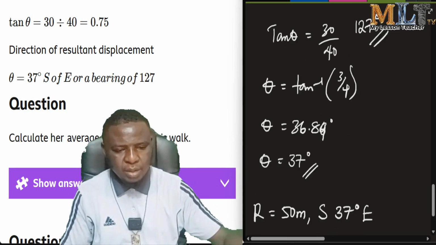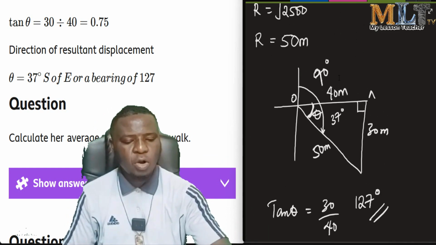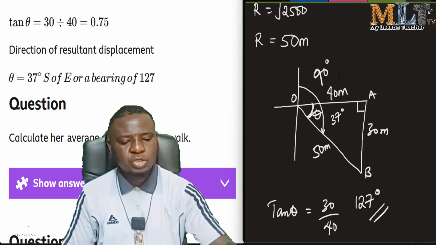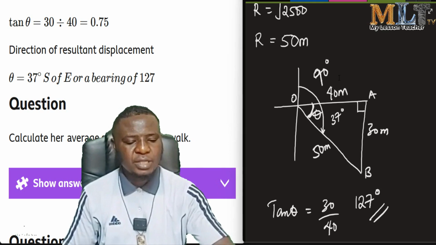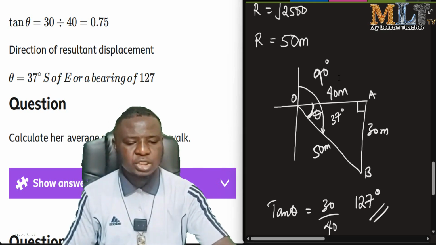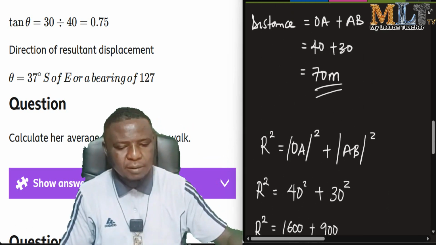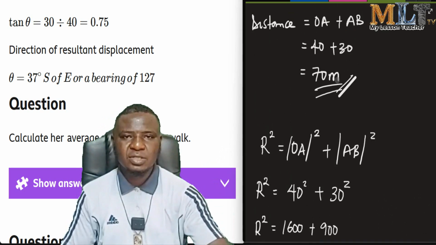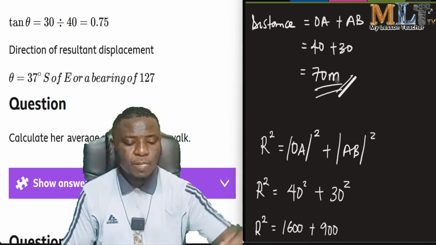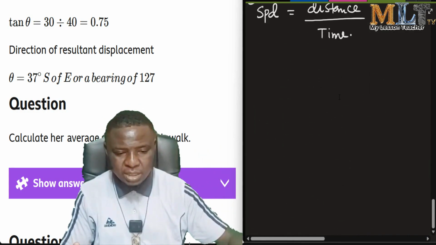If you remember, we are told that she walked 40 meters due east and then 30 meters due south, and from our calculation, she covered a total of 70 meters as the distance. So we are going to use this distance with the time given to calculate her speed.